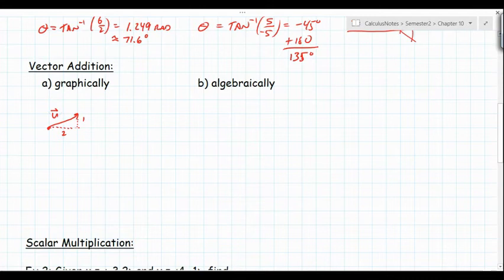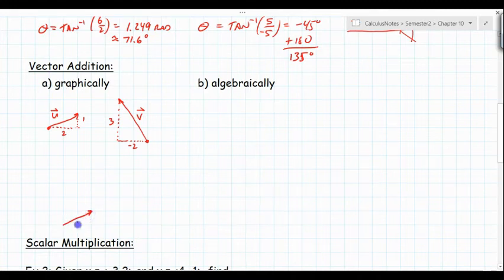And then I have another vector v that goes negative 2 units in the x direction, 3 units in the y direction. I can add those graphically by making a copy of each one and connecting them head to tail.